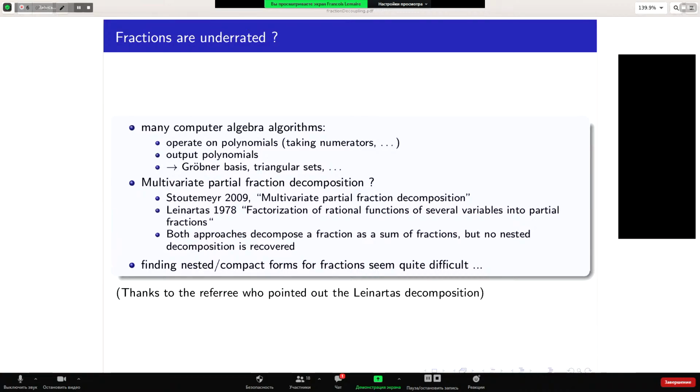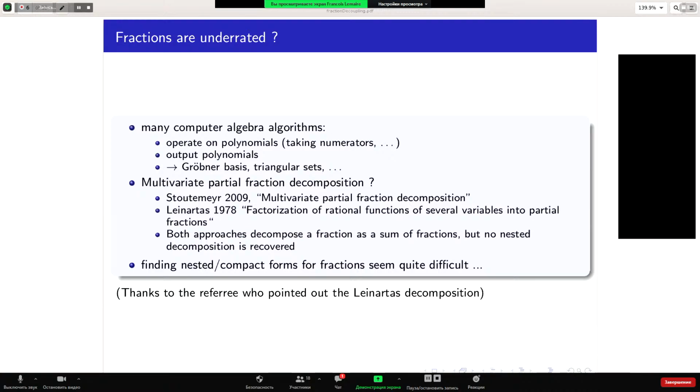And if your starting objects are fractions, you usually convert them to polynomials, recover polynomials, and then you need to guess what the fractions are. So typically, if you compute Gröbner bases or triangular sets, you obtain polynomials. So there is some work to do afterwards if you are really interested in your fractions.